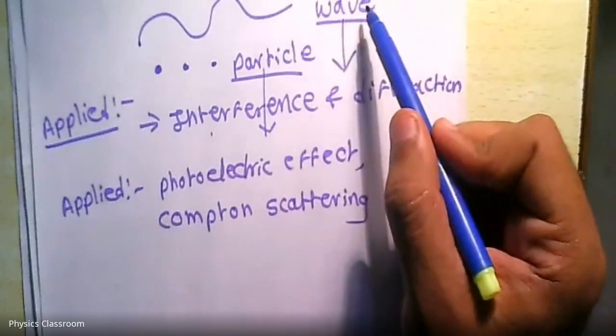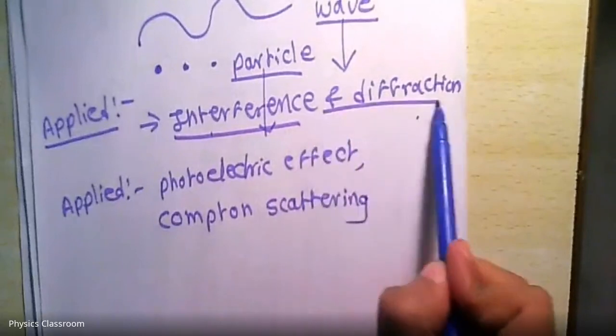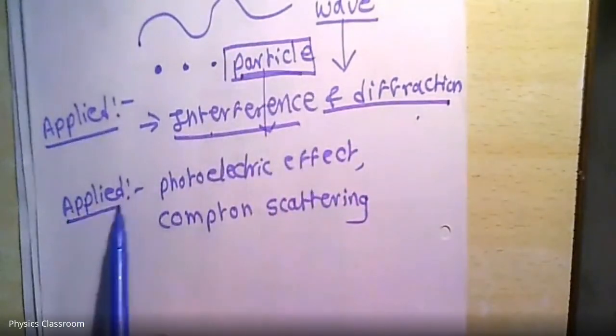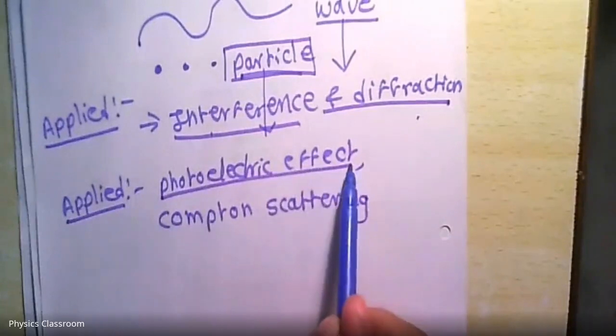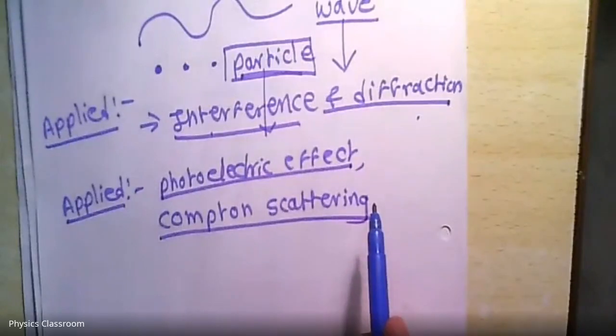Wave nature is applied for interference and diffraction, and particle nature is applied for the photoelectric effect and Compton scattering.